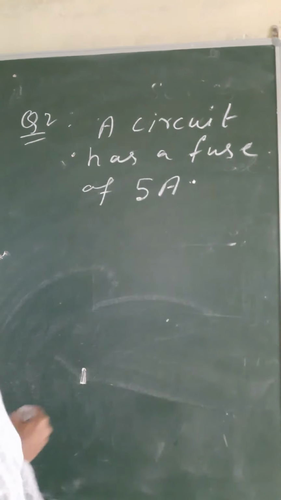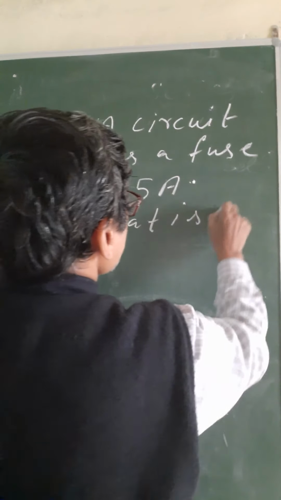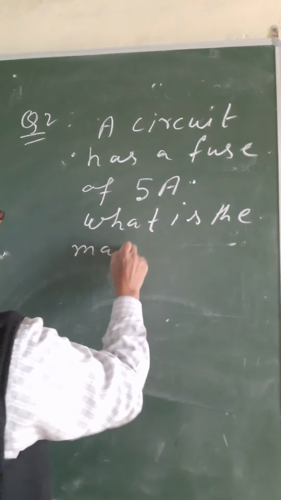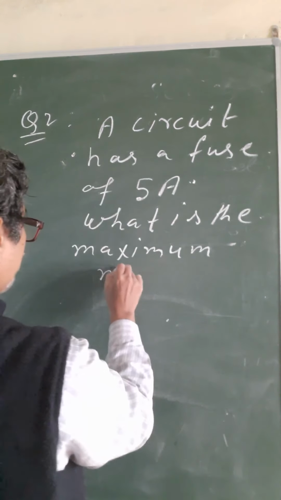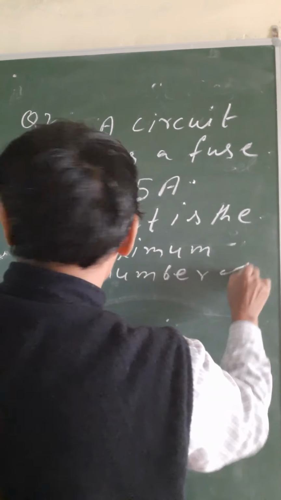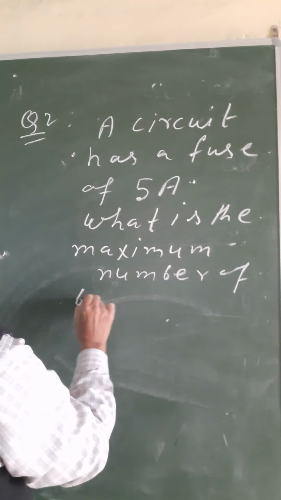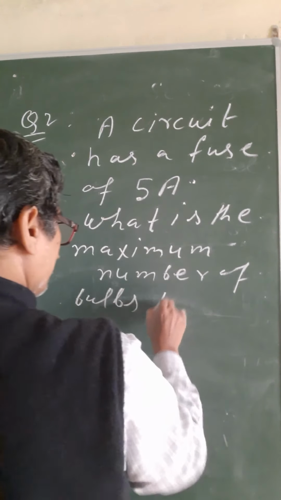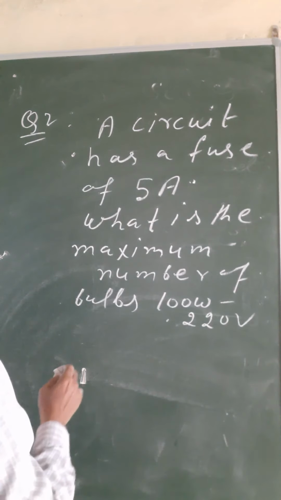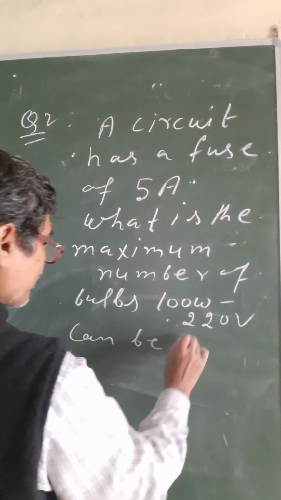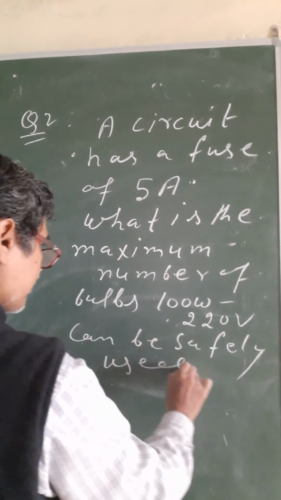What is the maximum number of bulbs of 100 watt 220 volt that can be safely used in the circuit?